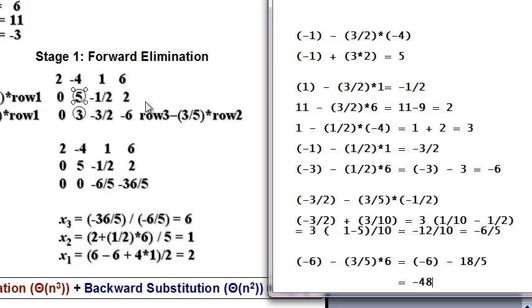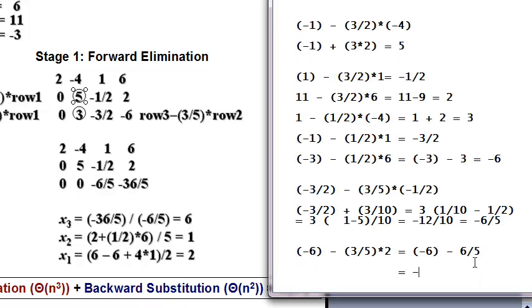Let's see, oh, okay, negative 6 minus 3 over 5 times 2, it should be 2, because you're looking at row 2, right? So this is going to be a 6 here, so that makes it 36 over 5. Okay, negative 36 over 5.